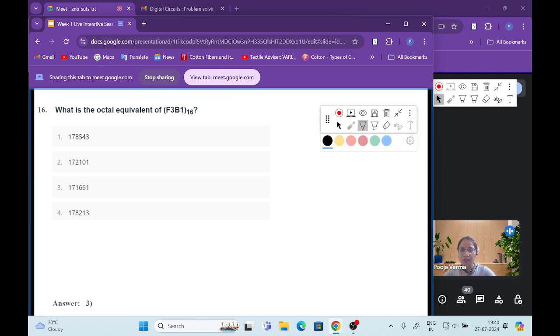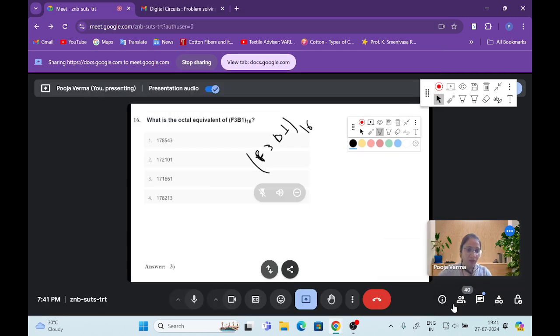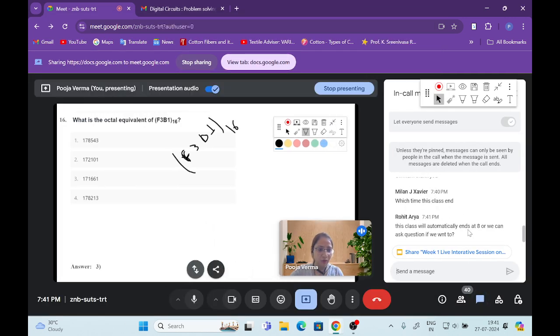Okay. So what is the octal equivalent of F3V1? What is the octal representation of F3V1? It is given in hexadecimal form. Will the class automatically end at 8, or can we ask questions?